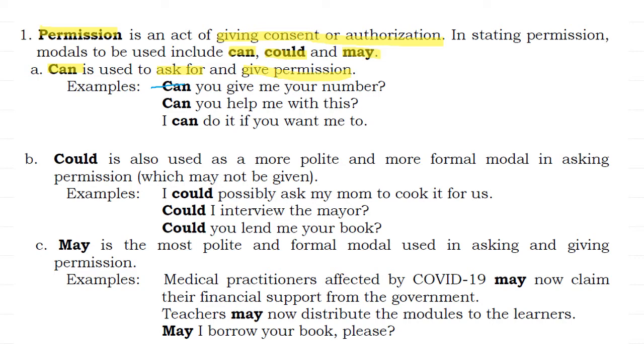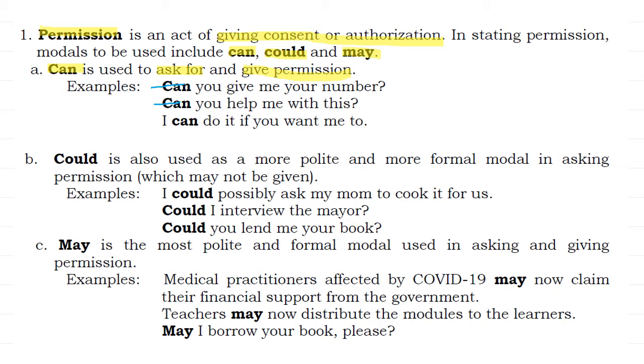The first two sentences are asking for permission. The first one is asking permission from someone to give his or her number. The second one is asking permission from someone to extend his or her help over something.